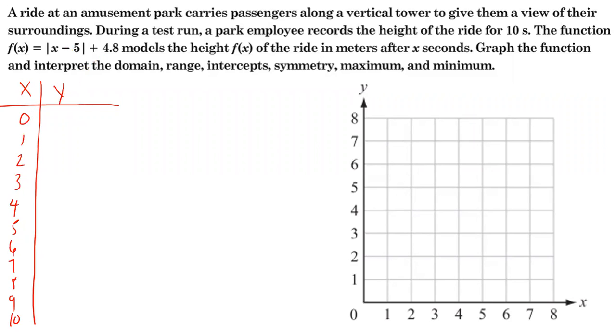So I just begin filling it in. I can evaluate mentally or with the calculator, but we're going to do it with the calculator. Now, when we put in 0, we're going to notice something. Oh, it starts there.